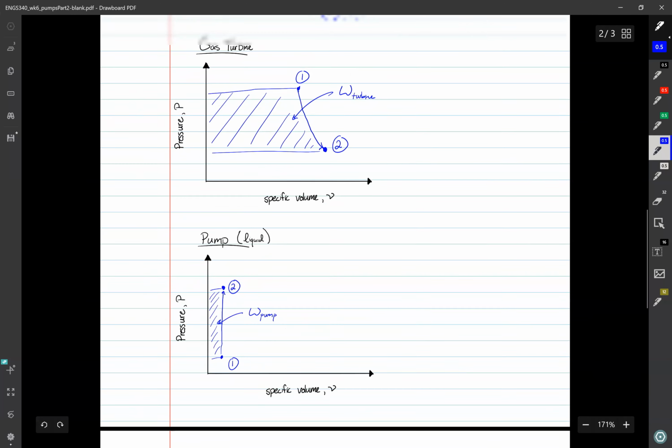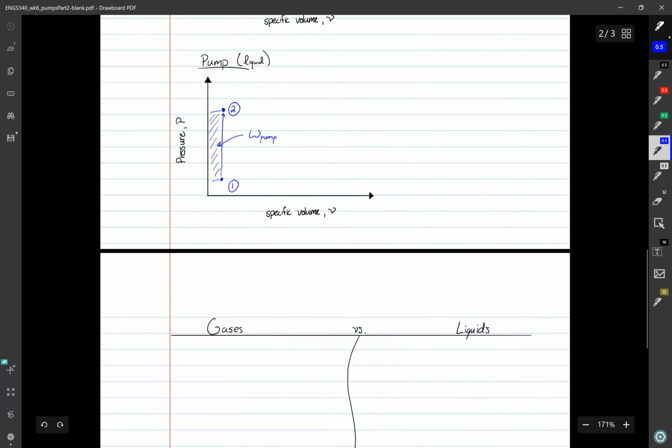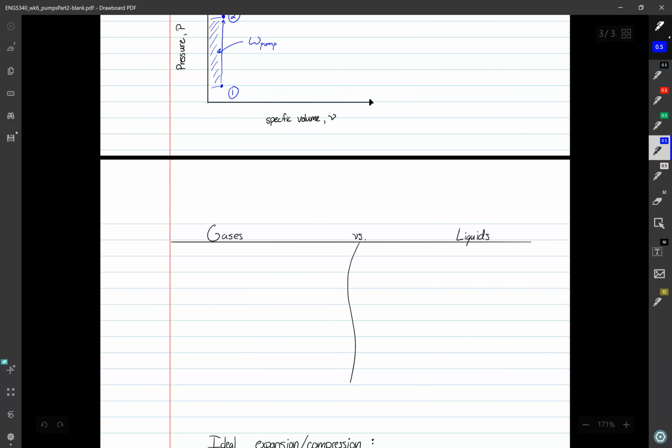So there are a couple things that we can note when we put both of these on the screen at the same time. One, how we fit on a pressure-volume curve is directly related to the work that's happening. We can say a couple different things about liquids and gases.